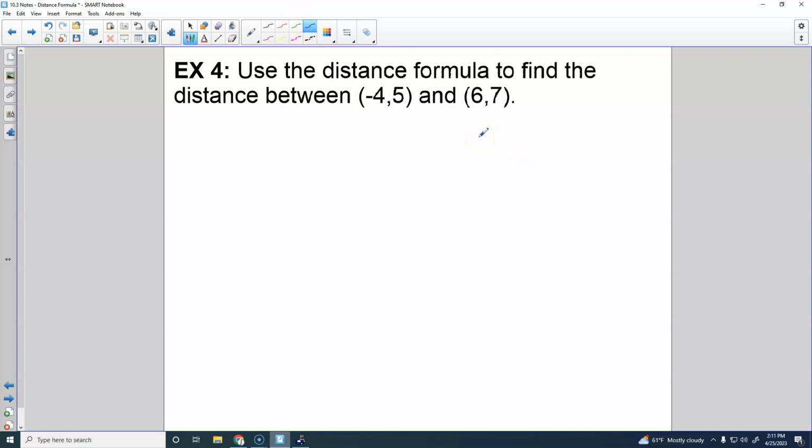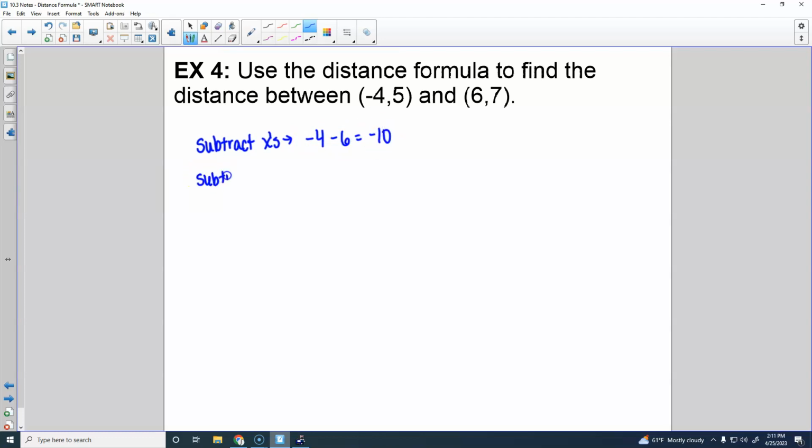So you can either subtract your x's. In this case, that'd be -4 minus 6, which would give me -10.